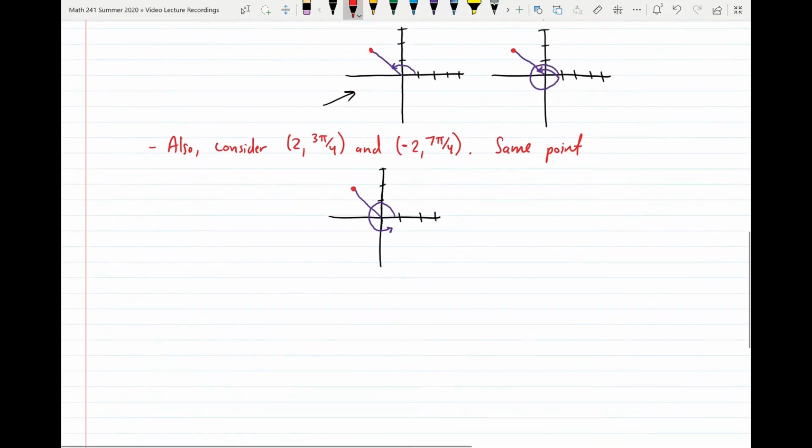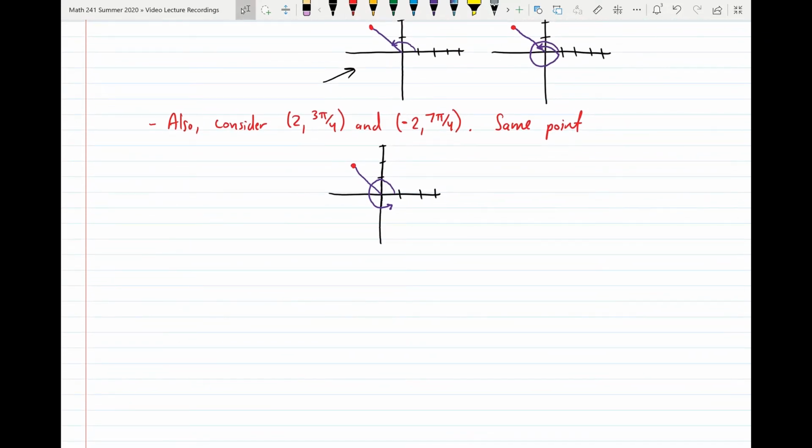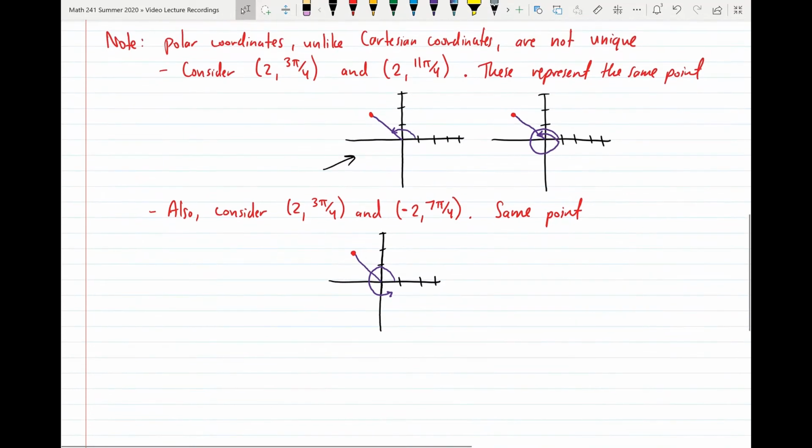So again, we see that we can represent points with polar coordinates in the plane in multiple different ways, either by adding multiples of 2 pi to theta, or by adding an odd multiple of pi and then making r negative. These are all representations of the same point.